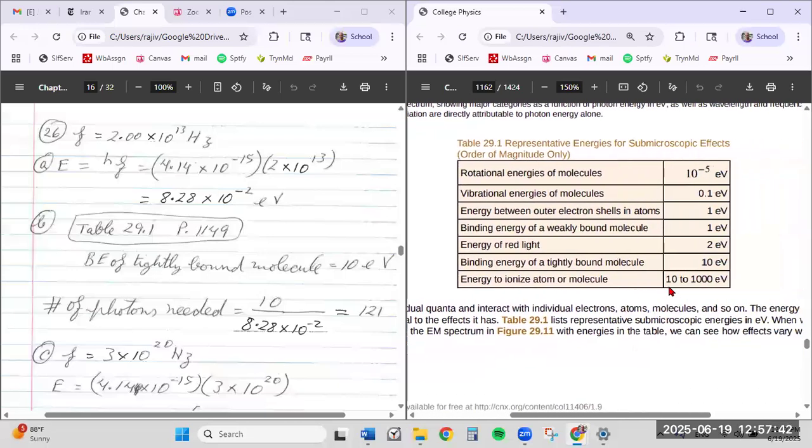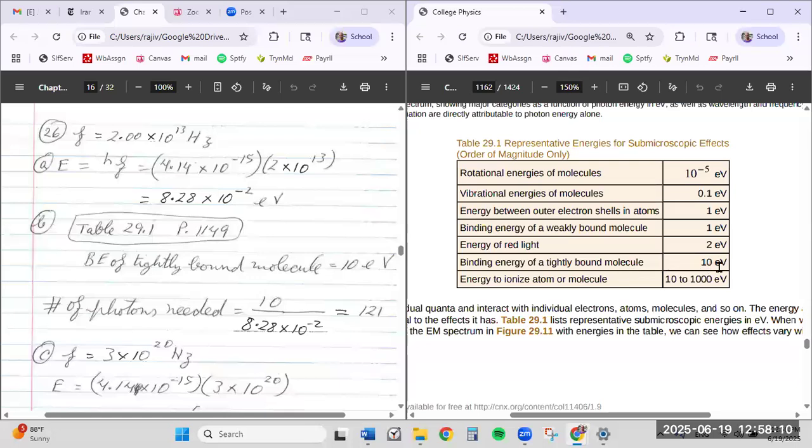This is the table, and it gives you representative energies for submicroscopic effects. So rotational energy of molecules is 10 to the negative 5 electron volts. Vibrational energies of molecules is 0.1, etc. So in this case, we need binding energy of a tightly bound molecule, because that's what the problem says.